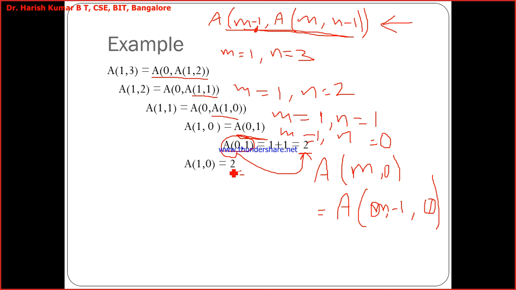Now using this 2, I have to find the value of A of 1 comma 1.